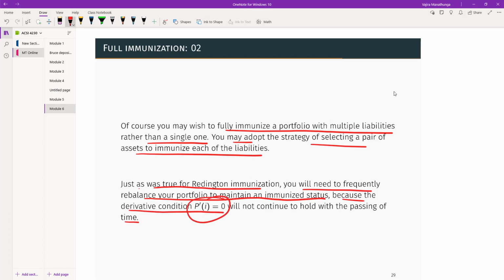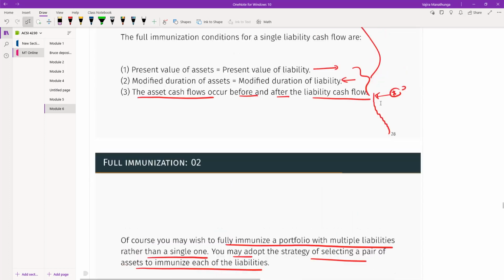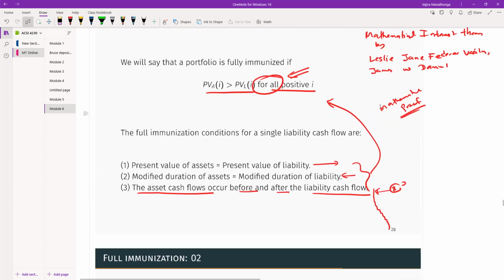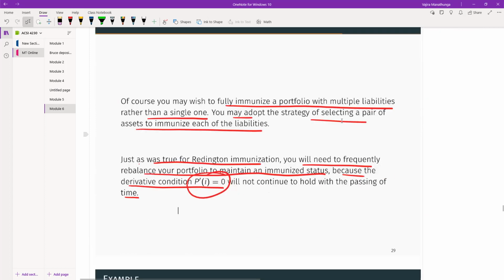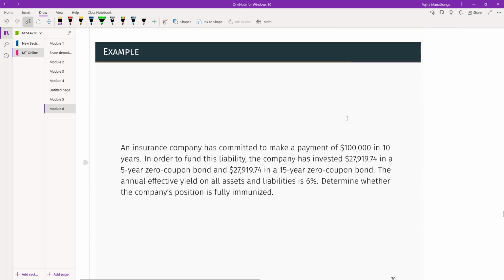So remember that at the current rate, the derivative should be zero. That may change with different rates, so you need to make sure it holds when you rebalance the portfolio.